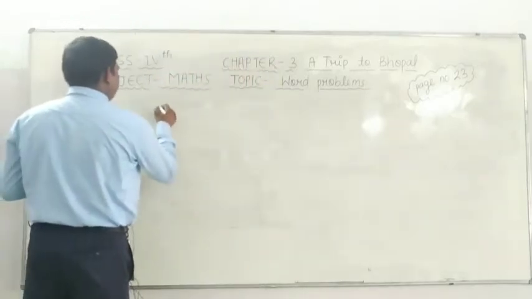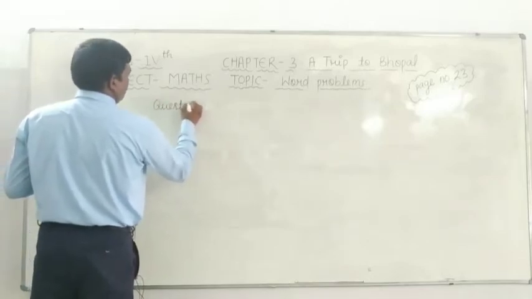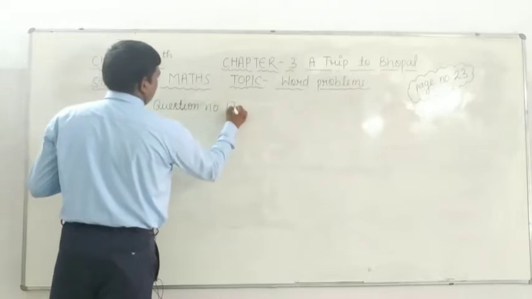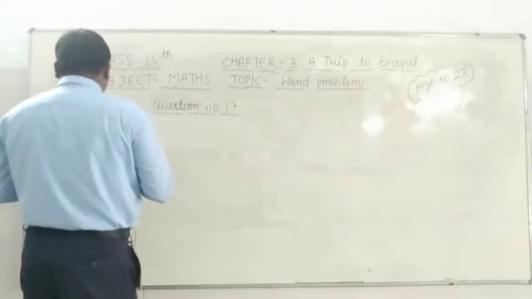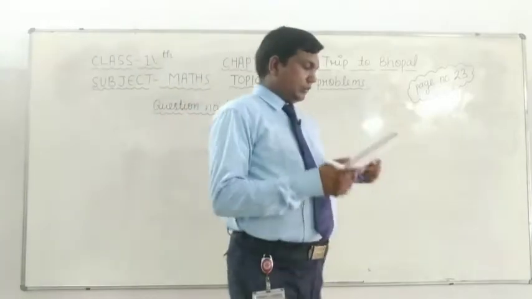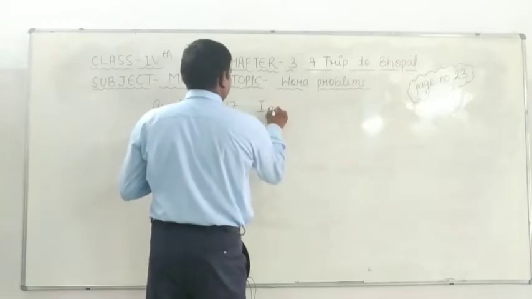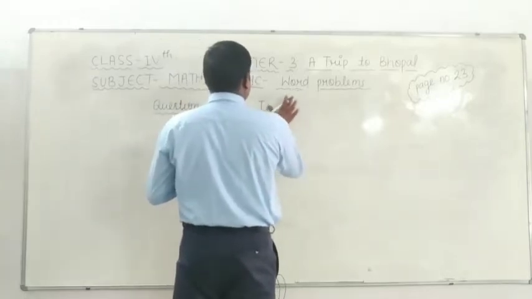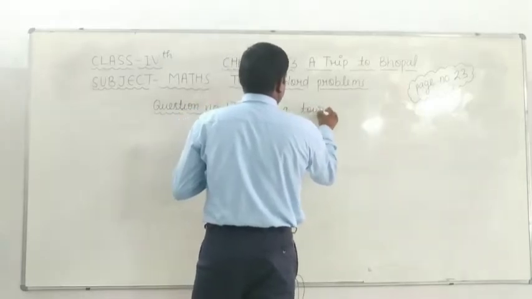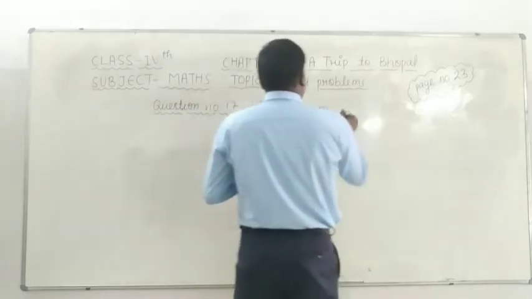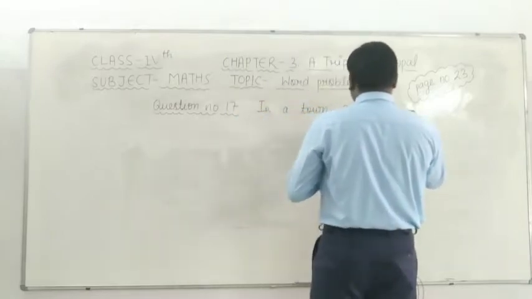Question number 17 is, in a town 36,000 persons go to work.